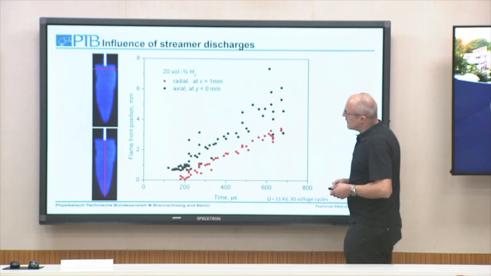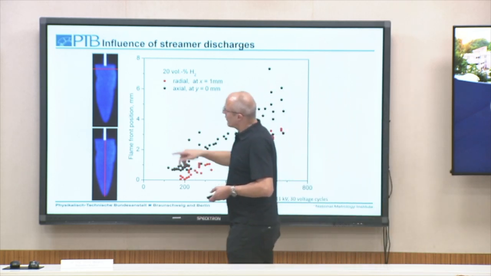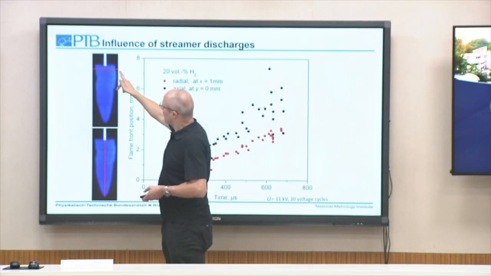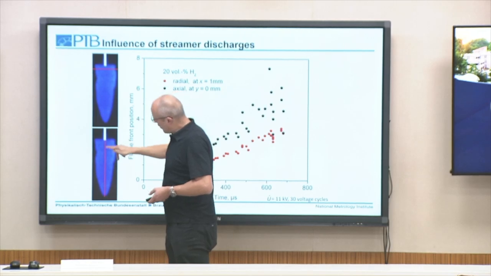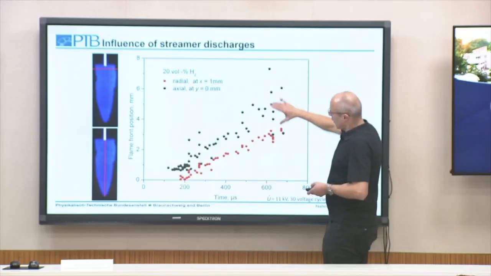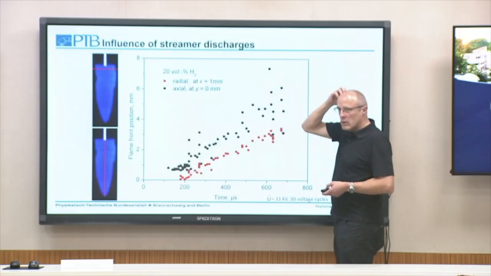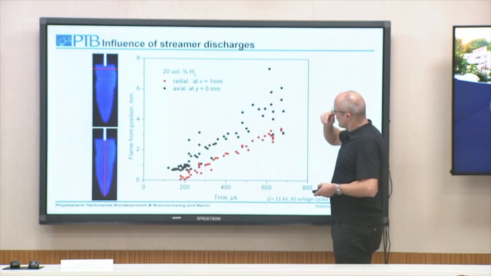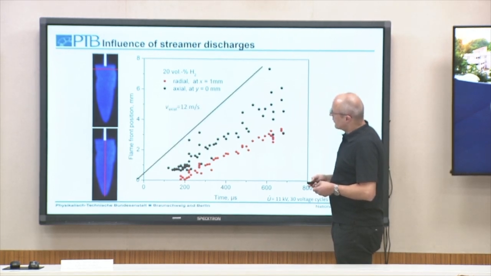So this can be seen here. We have either flame front in this direction or in this direction plotted here. The black one is the axial direction. You see this is much faster, but of course we have a lot of fluctuations here because this is dominated by the streamer discharges.